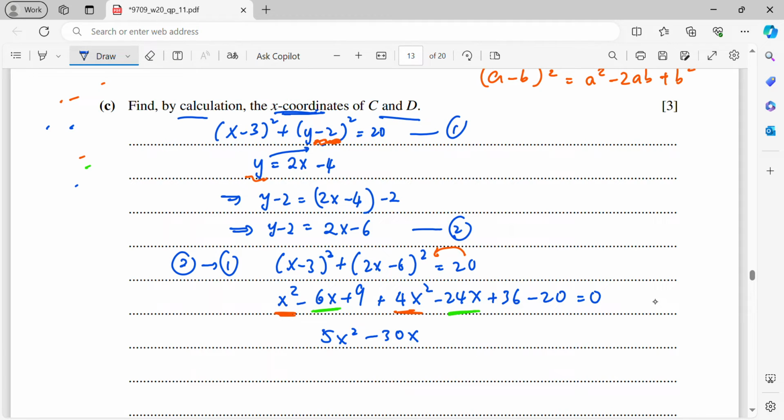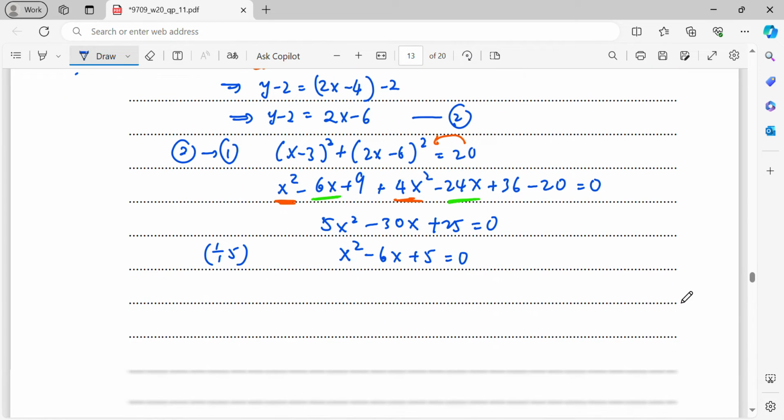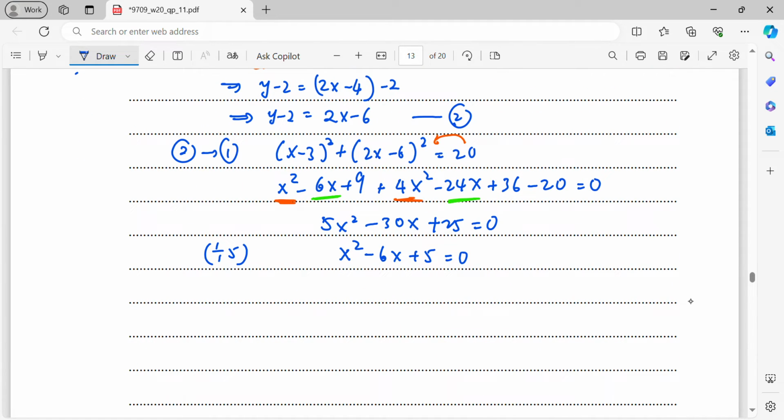Lastly, the remaining terms, 9 plus 36 minus 20, you will get plus 25 equals 0. Now this whole equation can be divided by 5. I simplify first. It will be x squared minus 6x plus 5 equals 0. Now this quadratic equation can be factorized. So it will be (x minus 5)(x minus 1) equals 0.